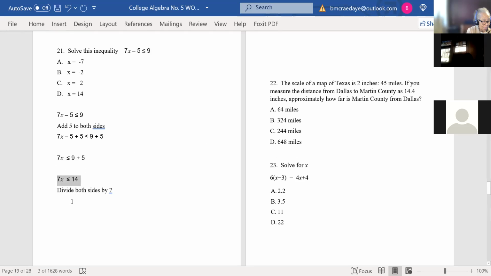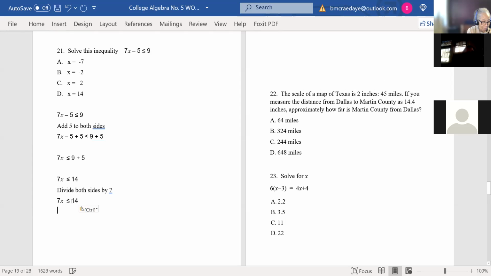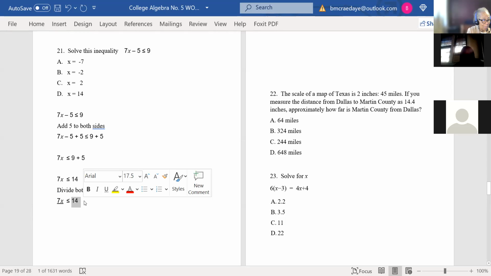X equal 2. Okay, no. We divide both sides by 7, but these are inequalities, right? It shouldn't be equal for the answer. But I think the sign changes.